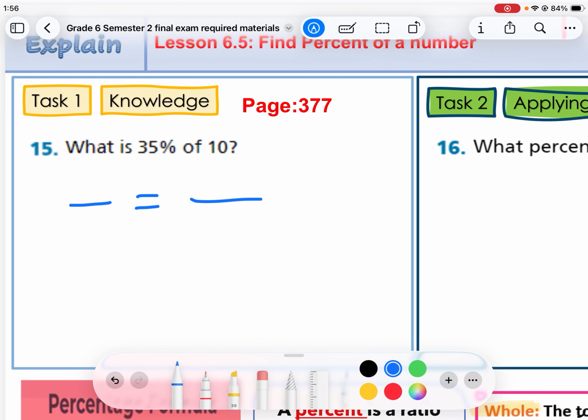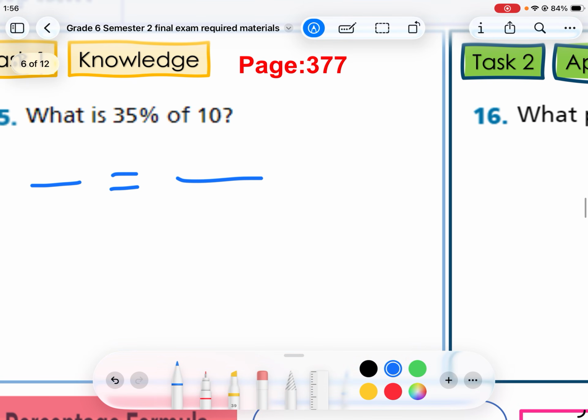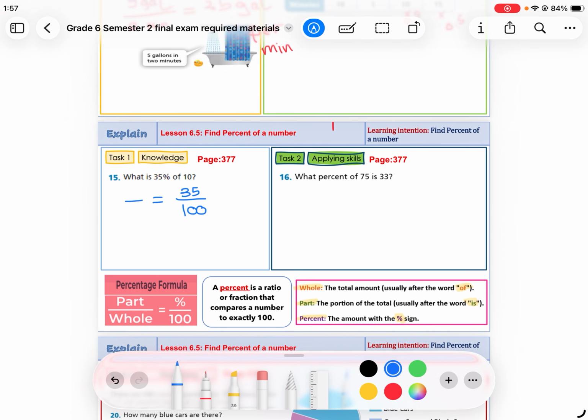As you can see, I have 35%. That means 35 should be written on this side. So we're going to write it as 35 out of 100. Why? Because I just told you how to change the fraction into a percent, and this is how you change the percent into a fraction out of 100 to help us solve the question.